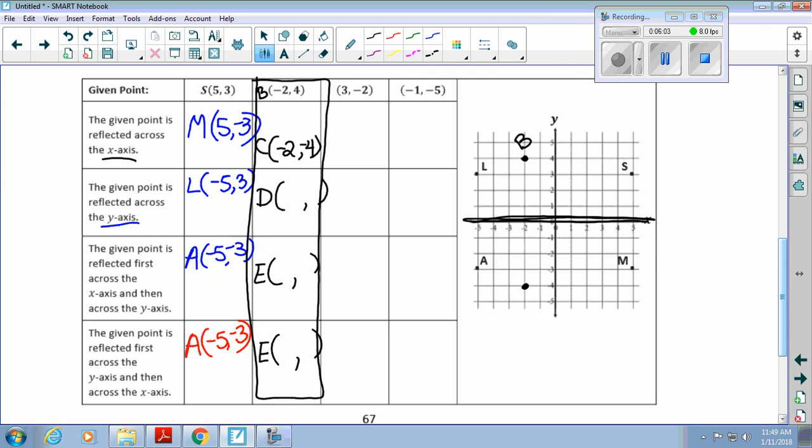All right, so let's do the next one. We're going to take this point again. Oh, label this one C before we move on. All right, everyone go back to B. Now we're going to reflect across the y-axis. Where would that put us?